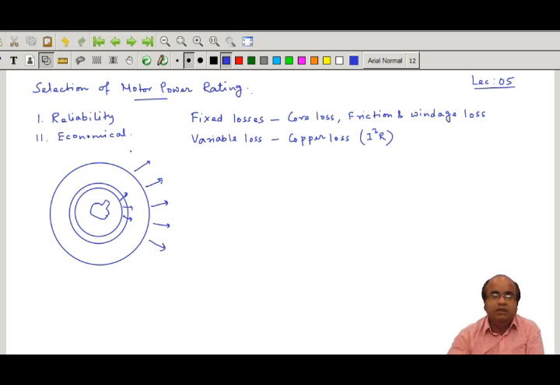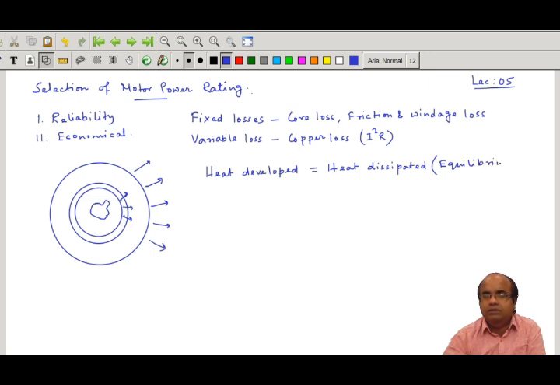Then the equilibrium condition is achieved. This defines the equilibrium state.